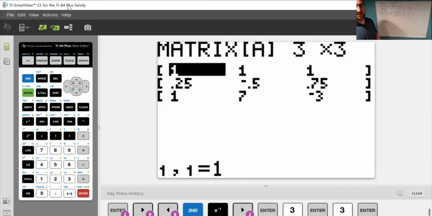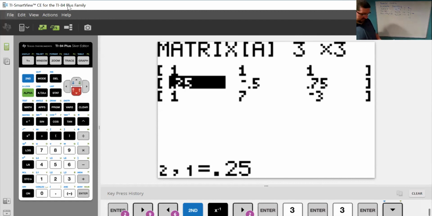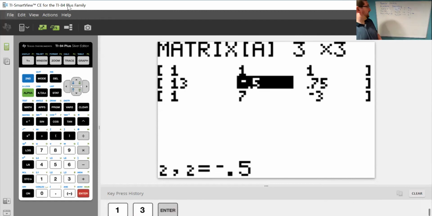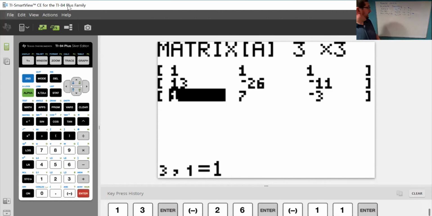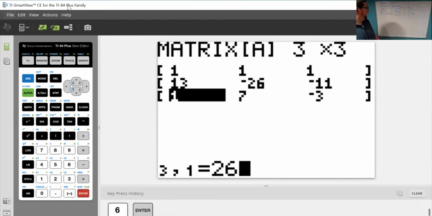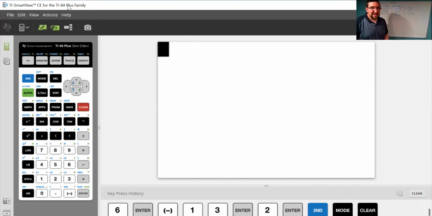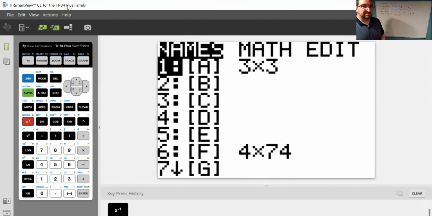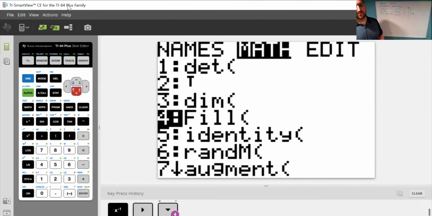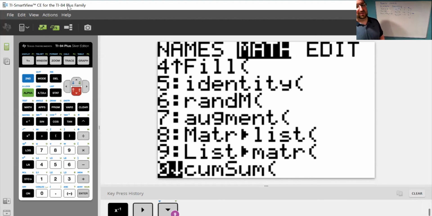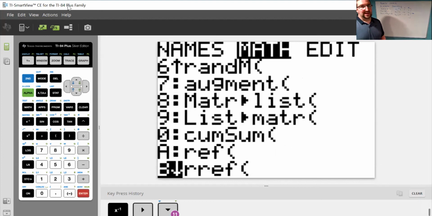So we're going to enter in ones all across, then 13, negative 26, negative 11, and then 26, negative 13, and 2. All right, so that's entered in. I can check, make sure I entered it in correctly. Hopefully I have. So if I quit back out, clear, and then go into my matrix menu again to math, it's a very repetitive process. A lot of button pressing to get where you want to, because you have to quit out each time.